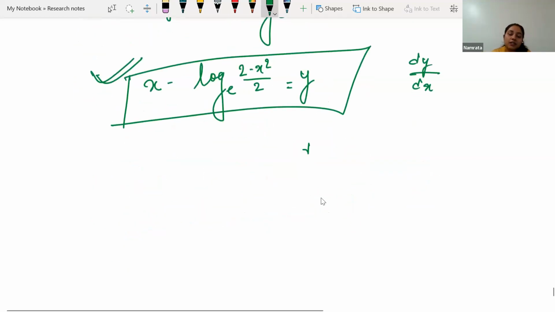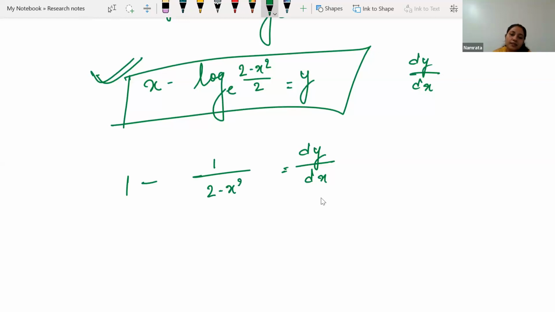So here dy by dx is equal to 1 minus log of something, which is 1 by 2 minus x square by 2. Okay, that's it. This again we have to differentiate by the chain rule. So it will be 2 by 2 minus x square by 2.